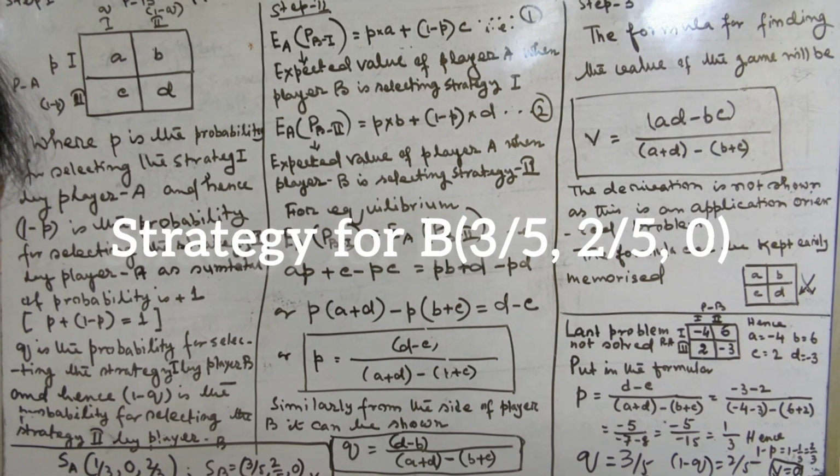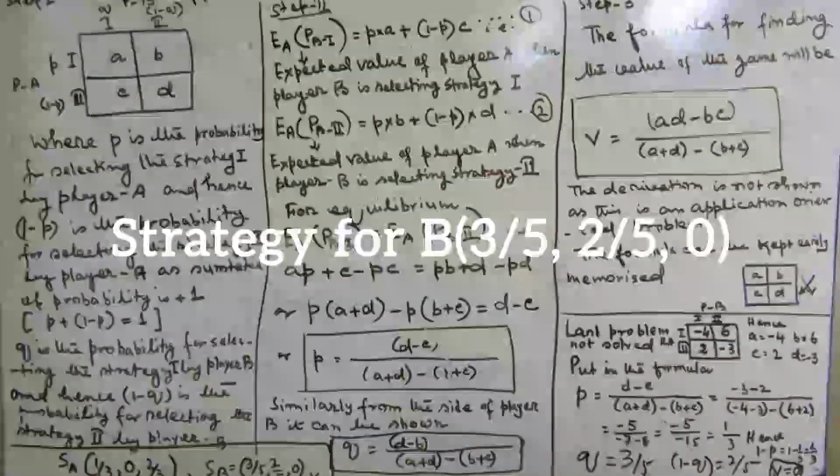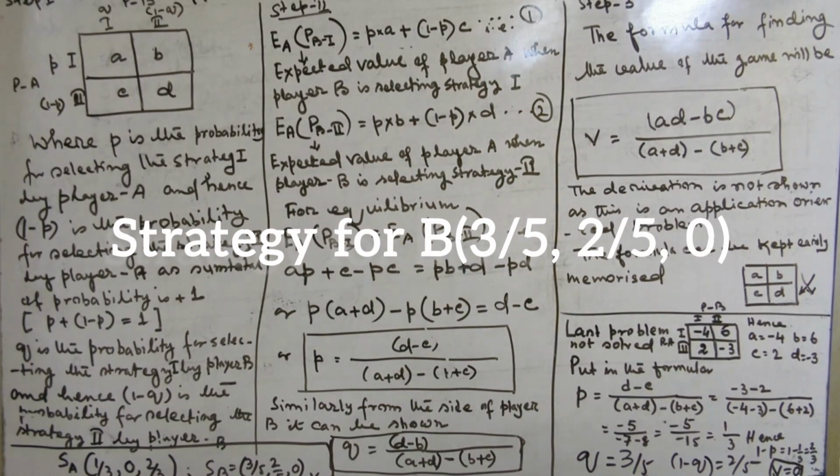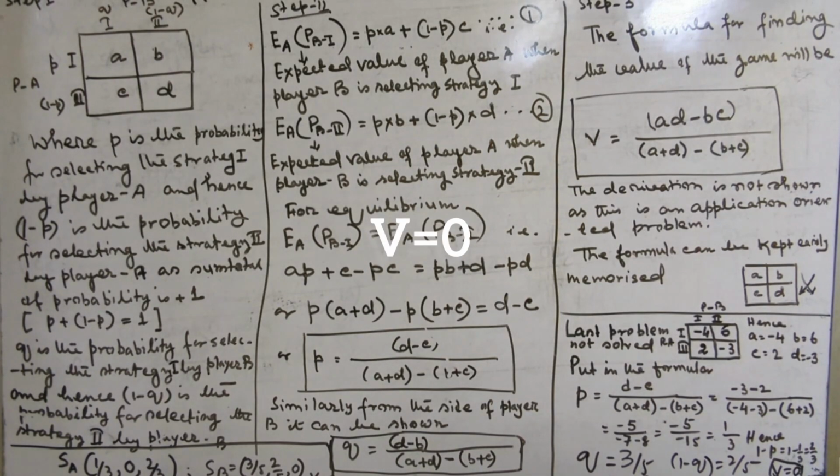And the value of the game will be 0. In this way, you will write your answer. Thank you. This is one problem. I will try to solve another problem by applying mixed strategies. Okay, thank you.